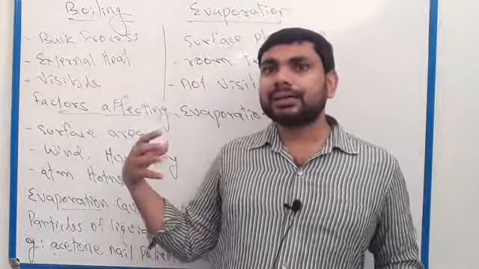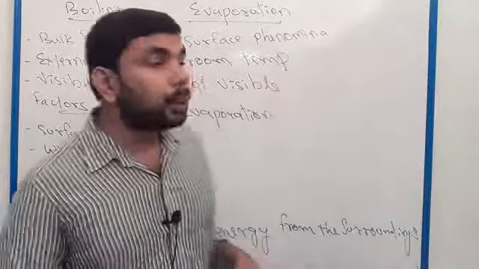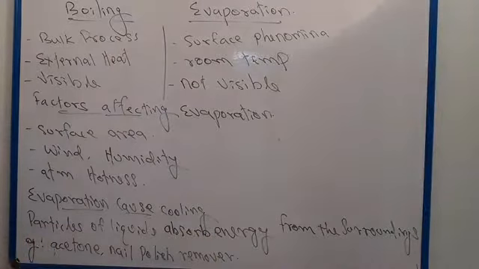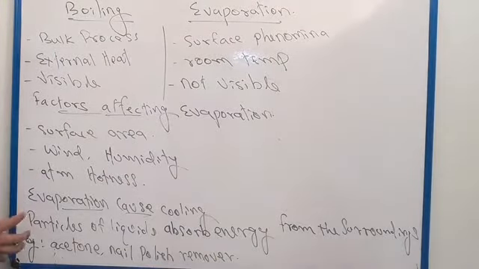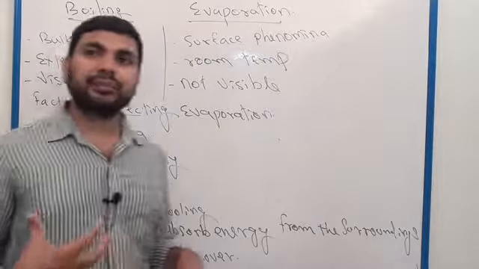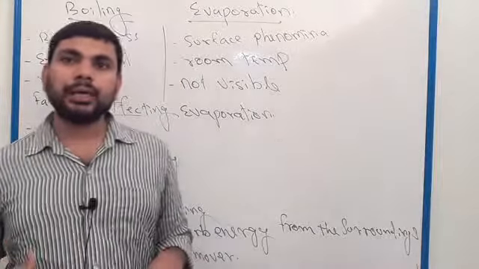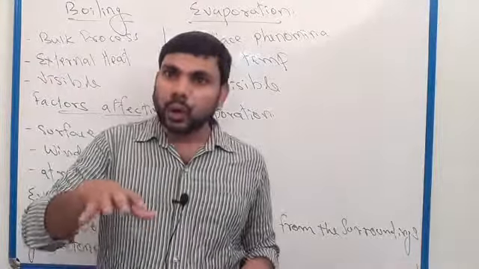These are the differences between boiling and evaporation. Boiling is a bulk process, where a large amount of water changes to water vapor. Evaporation is a surface phenomenon, meaning it happens on the surface of water only.